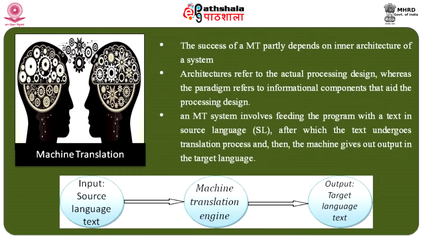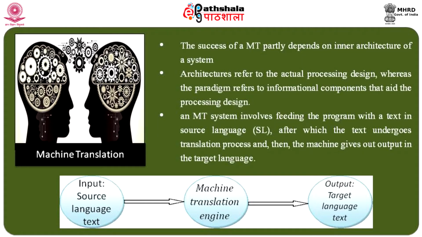Architectures refer to the actual processing design, that is direct, transfer, interlingual, etc., whereas the paradigm refers to informational components that aid the processing design, that is knowledge based, example based, statistics based, etc. Now let's see what type of architectures and paradigms of machine translation systems have been developed by computational linguists.